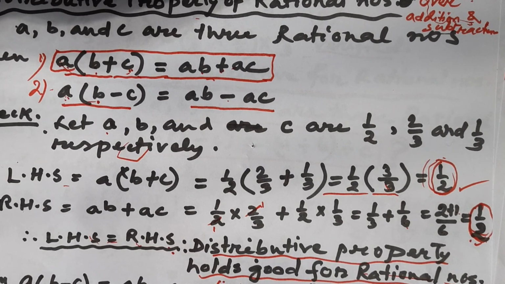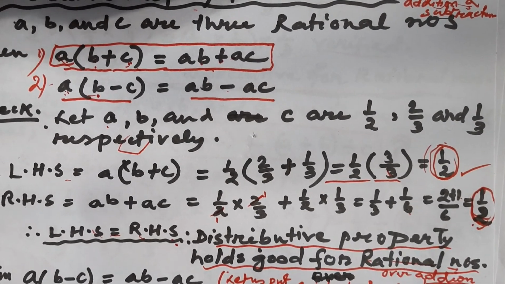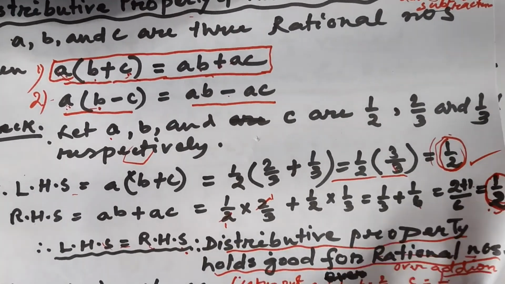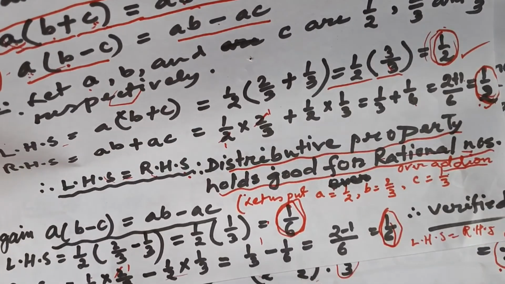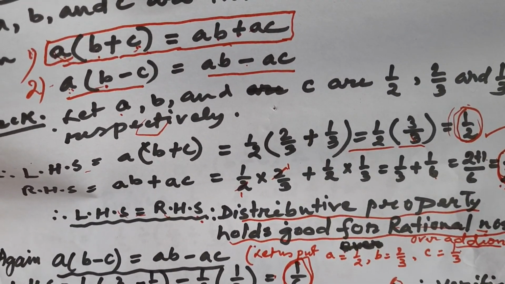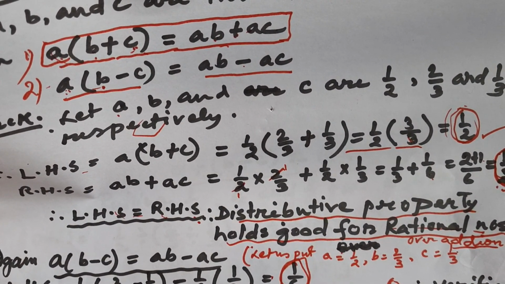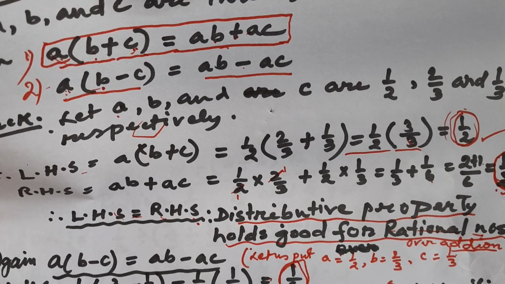We have got the same results for LHS and RHS, that is verified. Therefore, distributive property holds good for rational number over subtraction also.